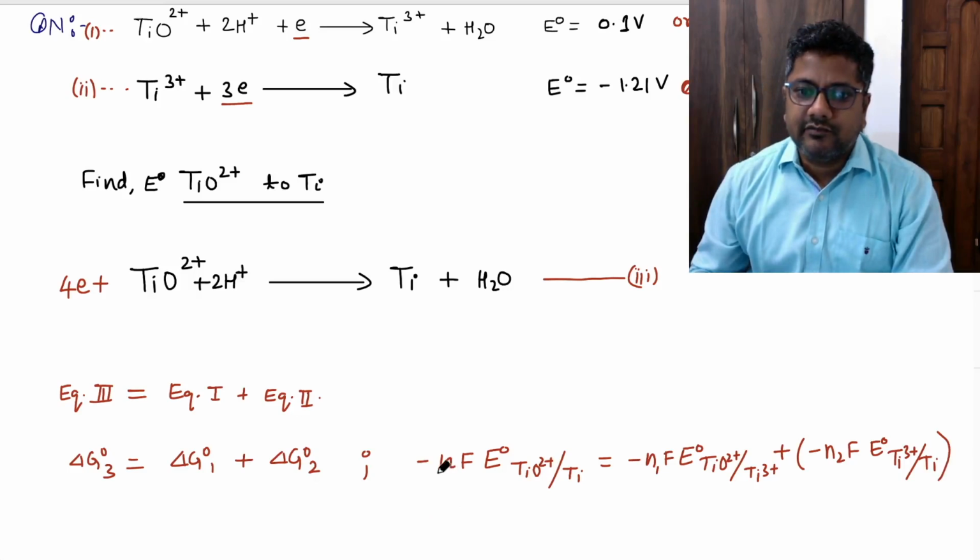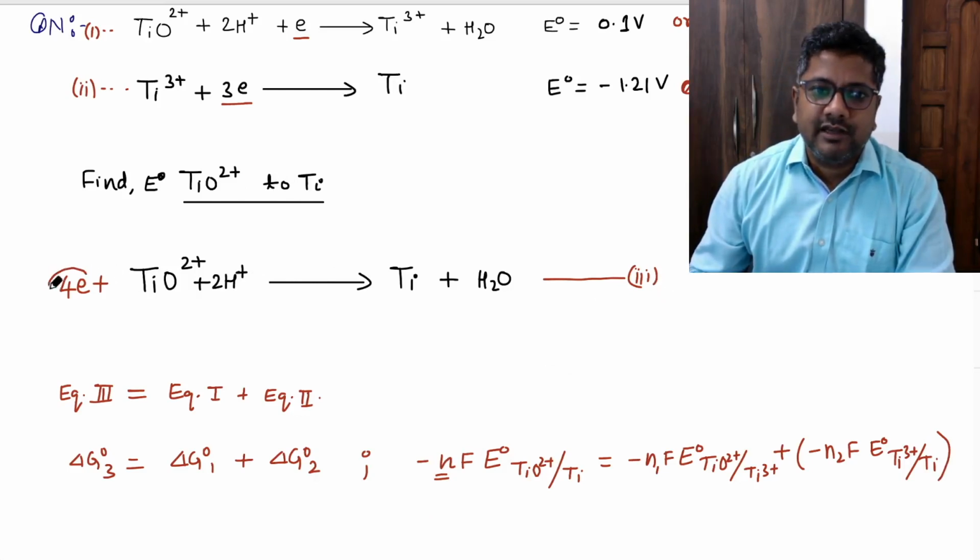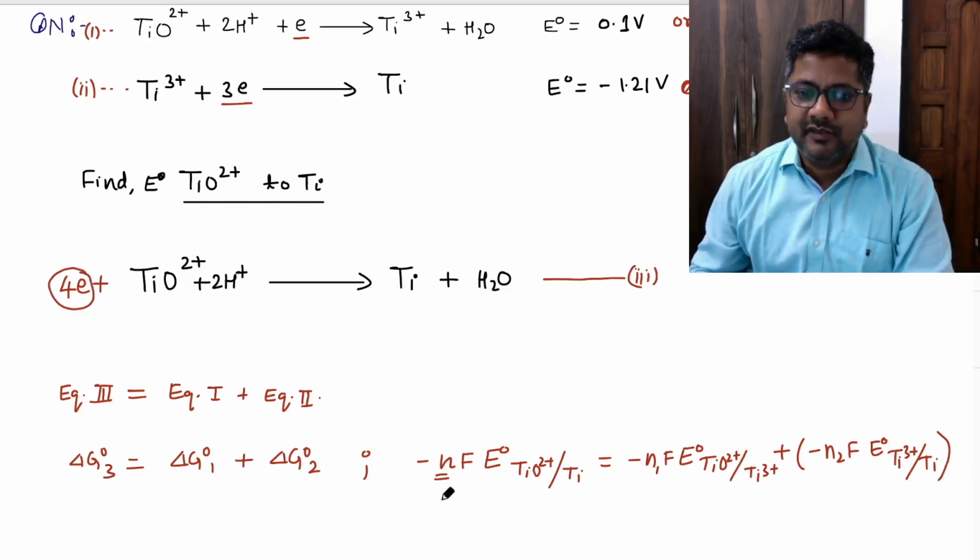So what is the value of n, the moles of electrons, for equation 3? See, this is equation 3, moles of electrons is 4. So you have to write here 4 into F into E naught of TiO2 plus to Ti.